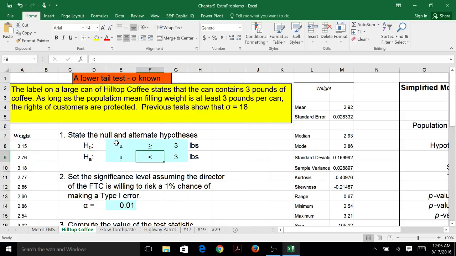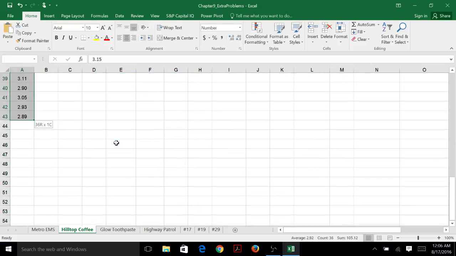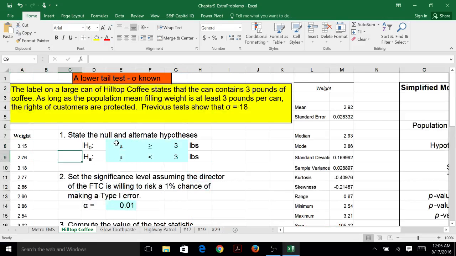So you want to draw a sample. Here's a sample over here, a whole bunch of cans that were taken, and in fact, it's a total of 36 cans. It's a perfect square, helps things along. And you want to test this at a 1% chance of making a type 1 error. So alpha is 1%.